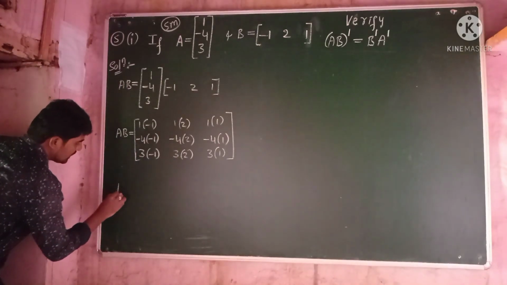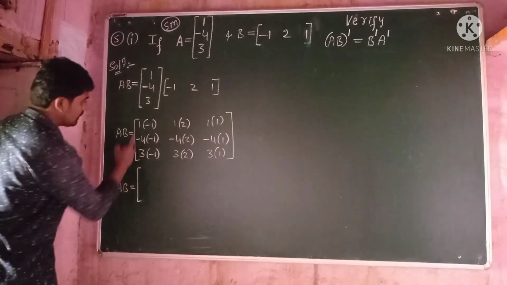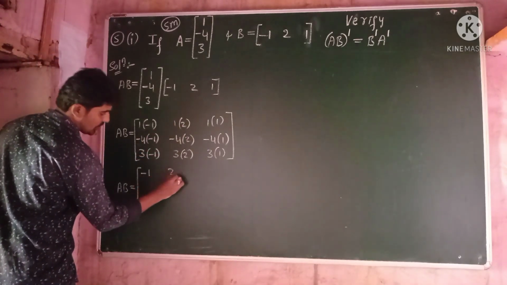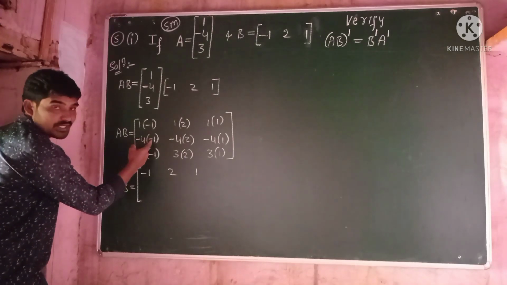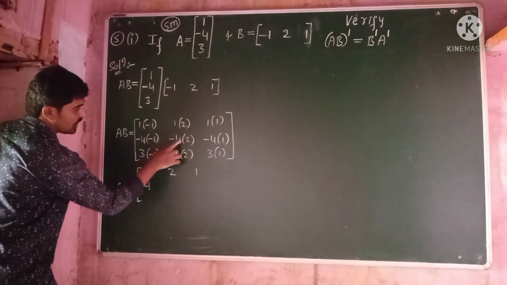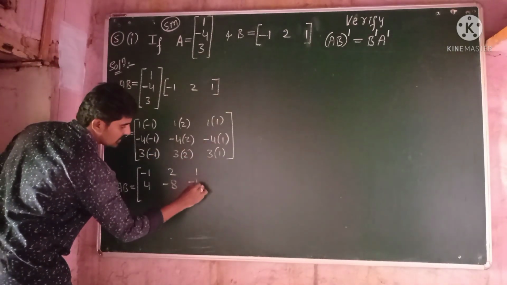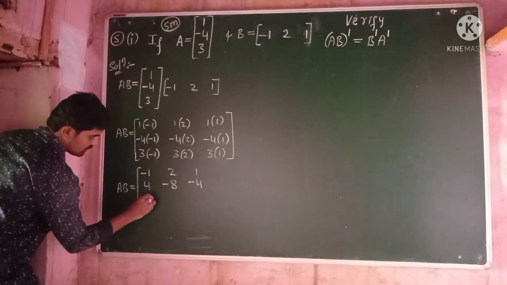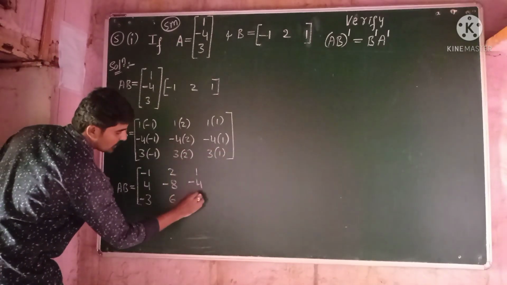Therefore, required AB matrix is equal to 1 into -1, -1; 1 into 2, 2; 1 into 1, 1. -4 into -1, minus into minus plus, 4; -4 into 2, -8; -4 into 1, -4. 3 into -1, -3; 3 into 2, 6; 3 into 1, 3.